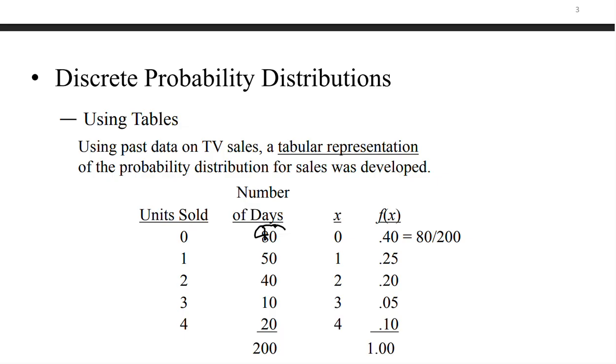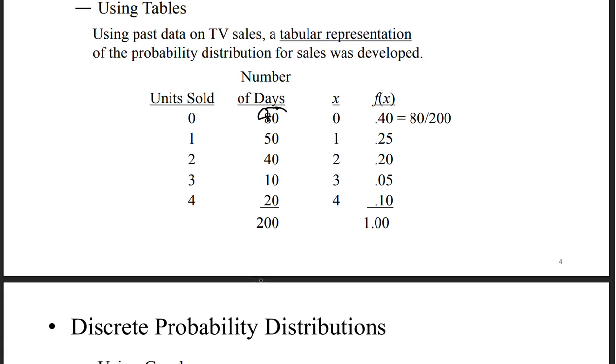divided by the overall total number of days that were considered. And so for 80 days, no TV was sold. We divide that by the total frequency of 200, and that gives us 0.4.